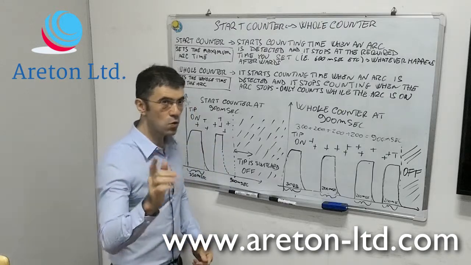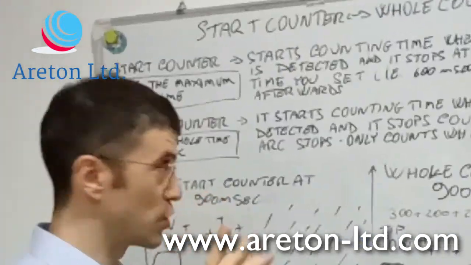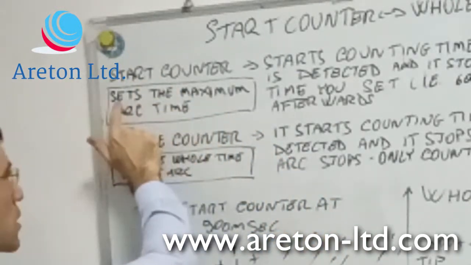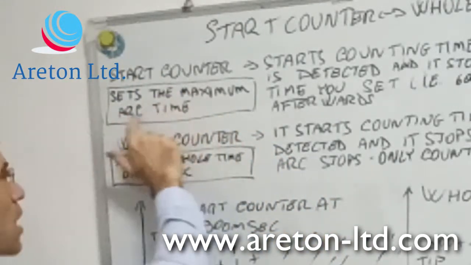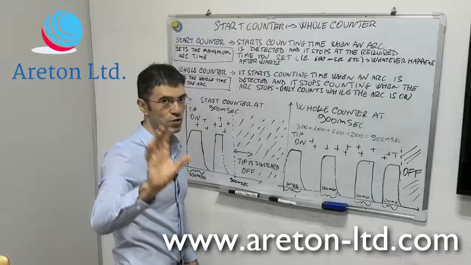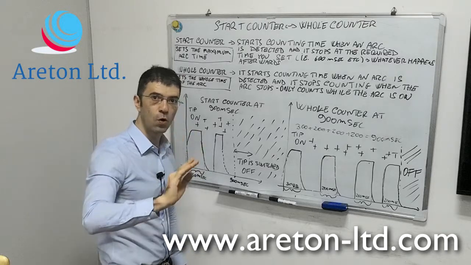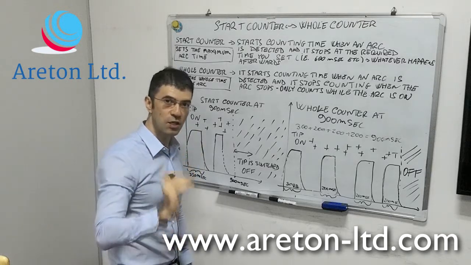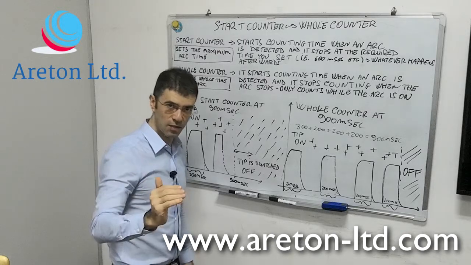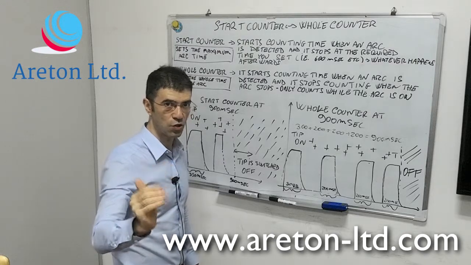So now let's analyze it and actually read the text, because it's quite good. The start counter sets the maximum arcing time. So whenever you tell the start counter, well, I want 600 milliseconds, you know that at most you're going to get 600 milliseconds of arcing time. You can get less, but not more than 600 milliseconds.